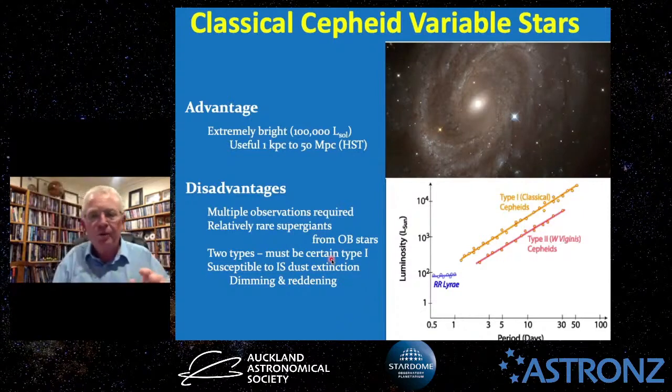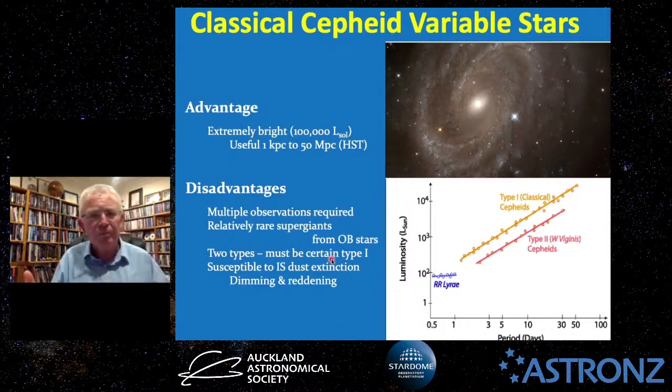The classical Cepheid variables, that's your type 1, are really bright. They're 100,000 times brighter than the sun. So that tells you, you can see them at big distances. The Hubble Space Telescope can see them out to about 50 million parsecs. How crazy is that? That's about 160, 170 million light years away.